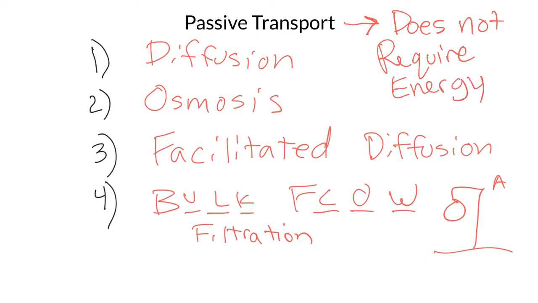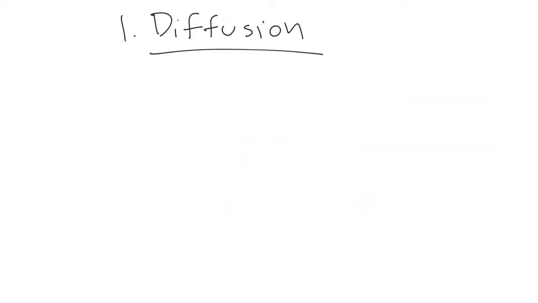Well, in the cell, the usable form of energy is ATP. But yeah, not all processes use ATP, but biological ones do. So, passive transport does not require ATP, does not require energy individually.